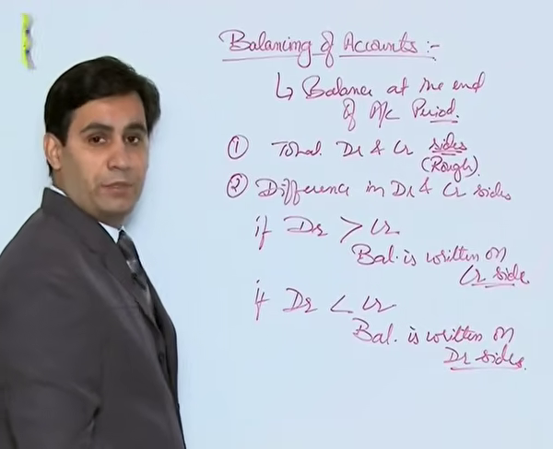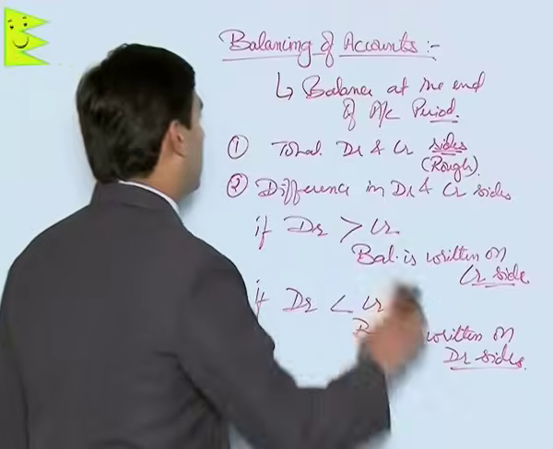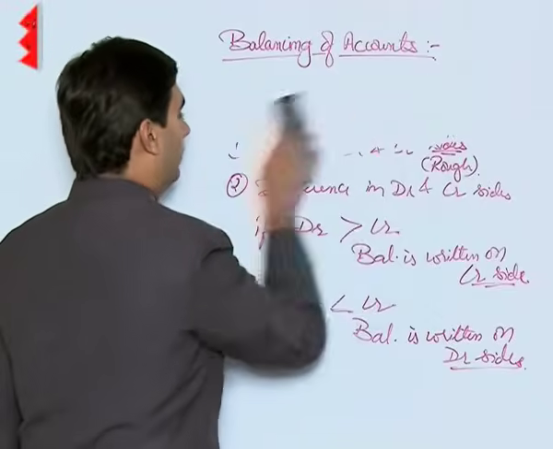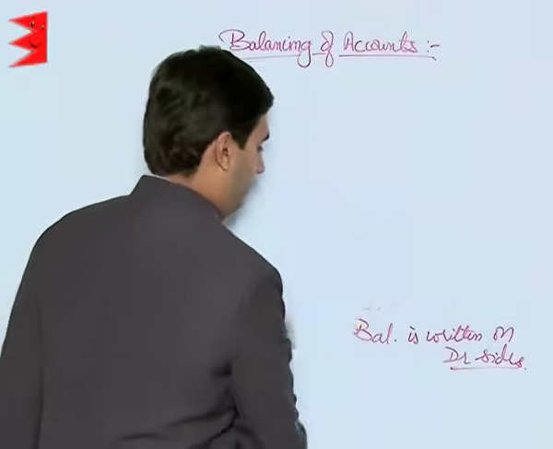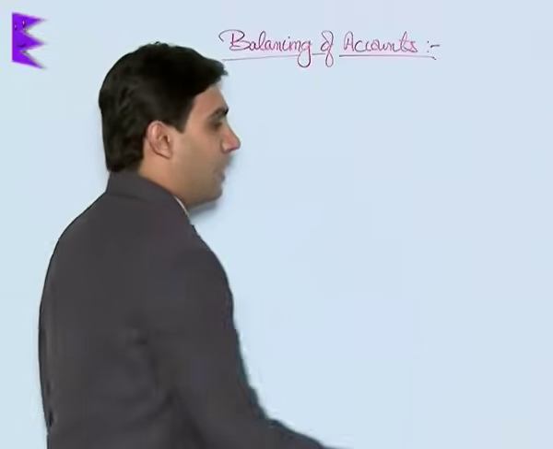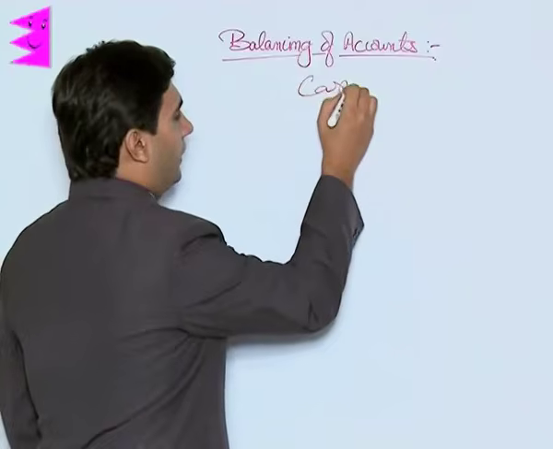Now let us take an example and see how it actually works out. I am drawing a T-shape account here, let's say for cash only.